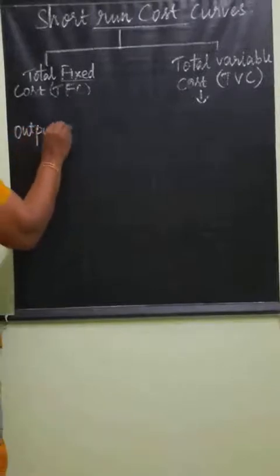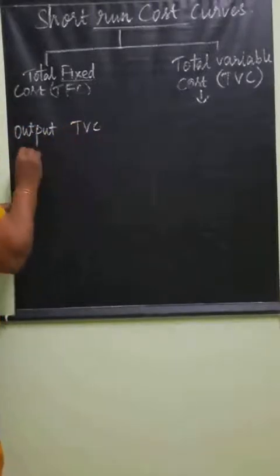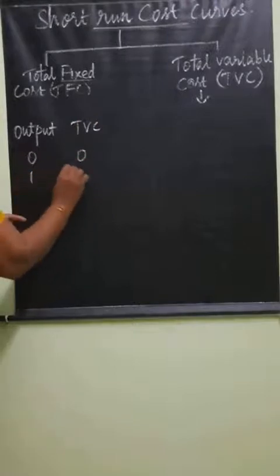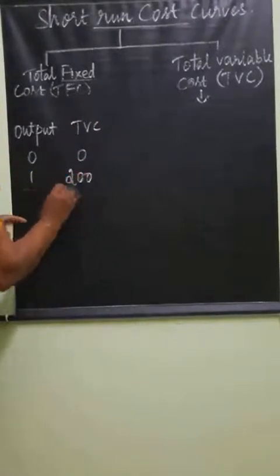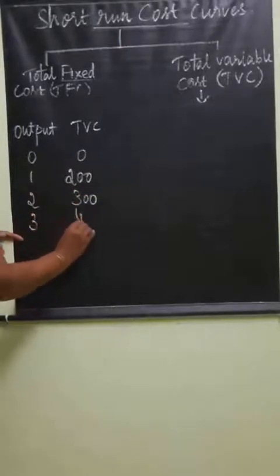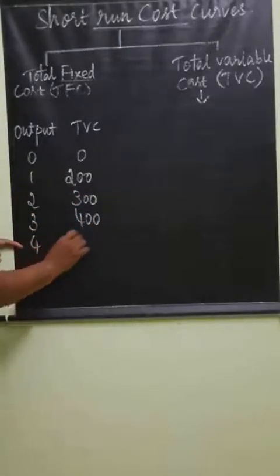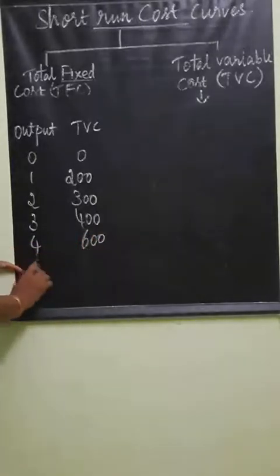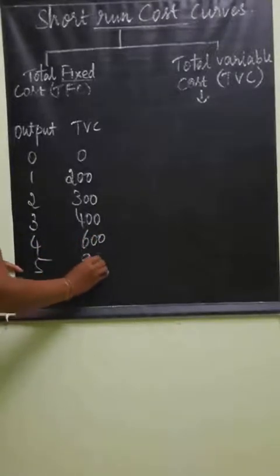Here output. When the output is 3, it is 400. When the output is 4, it is 600. When the output is 5, it is 900.